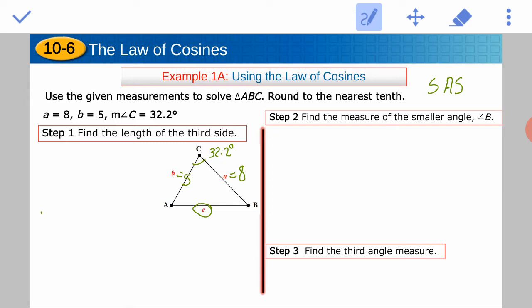C squared, remember we're using small letters for sides. C squared equals A squared plus B squared minus 2 times AB times cosine the included angle between A and B, which is angle capital C. Now guys, direct substitution. C squared is equal to, A is 8, so the square of 8.